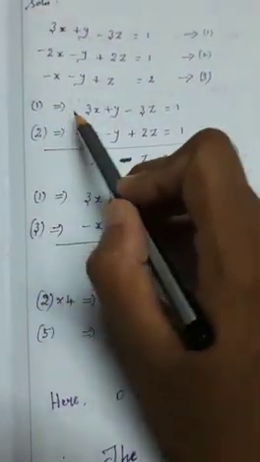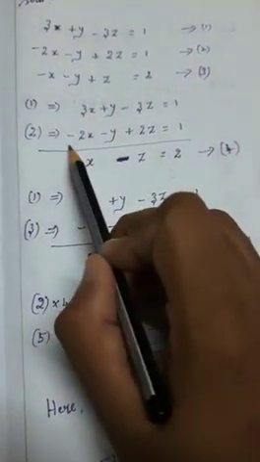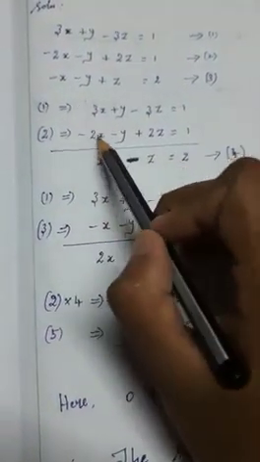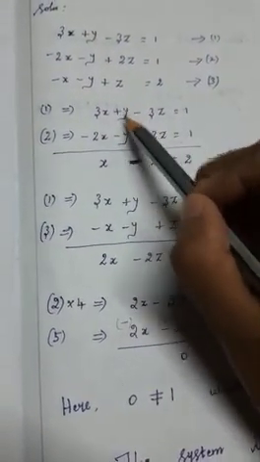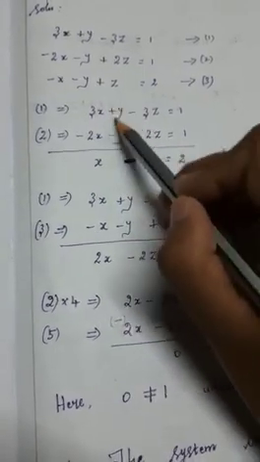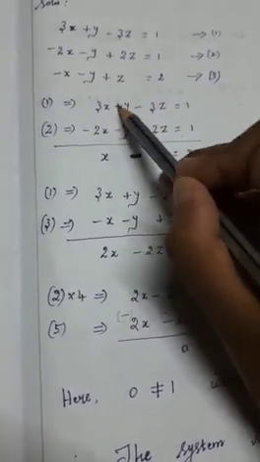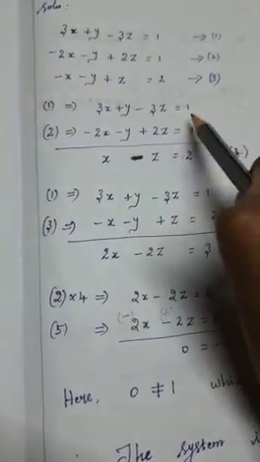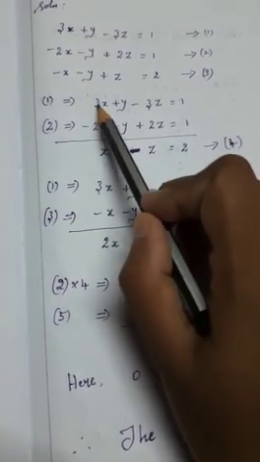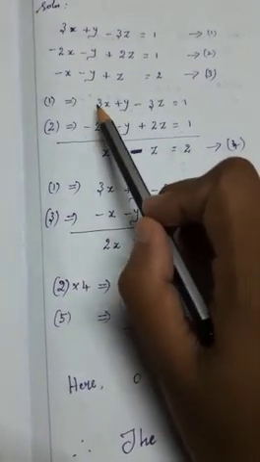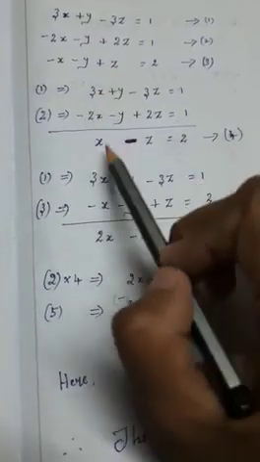So now the first equation: 3x plus y minus 3z is equal to 1. And the second equation also you have to write: minus 2x minus y plus 2z is equal to 1. So we can eliminate the y variable easily while adding these two equations, because the signs are different. Now 3x minus 2x, the numerical coefficient is plus 3 and minus 2, that is 1, so 1x.